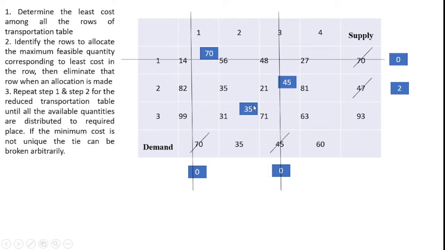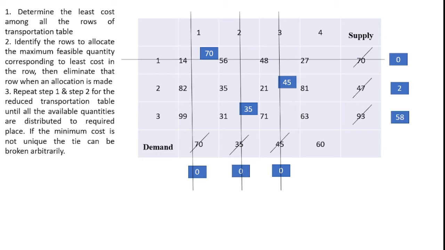Here I allocate 35 to the cost 31, the least cost among all the rows. So the demand 35 becomes 0, and then I eliminate that column for further calculations. The balance supply is 93, so I subtract 35 from 93. From this I got 58.